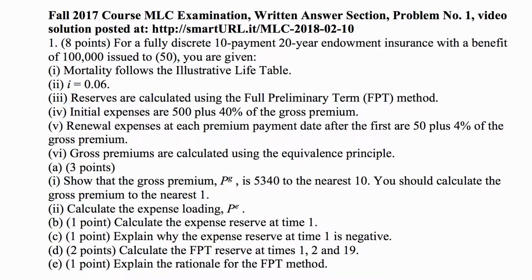Then Part B asks us to calculate the expense reserve at time 1. Part C asks us to explain why the expense reserve at time 1 is negative. Part D asks us to calculate the full preliminary term reserve at times 1, 2, and 19. And Part E asks us to explain the rationale for the FPT, full preliminary term method.